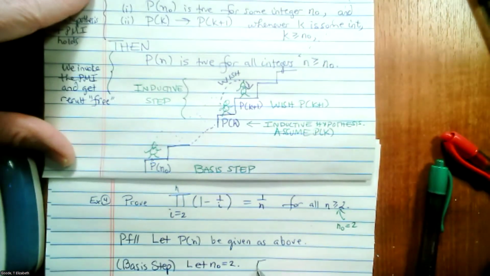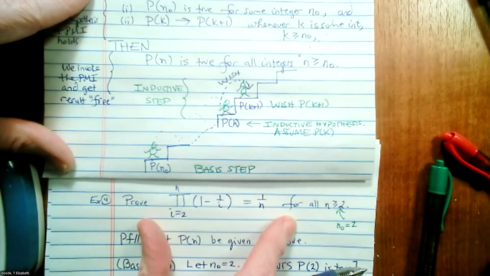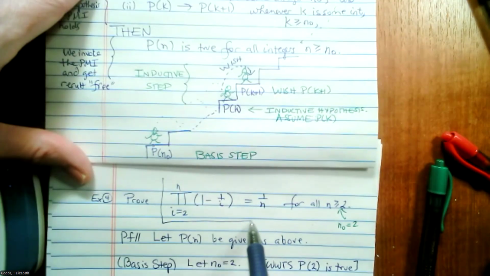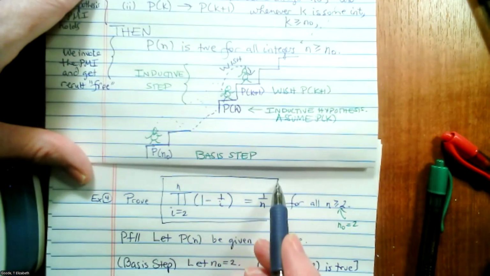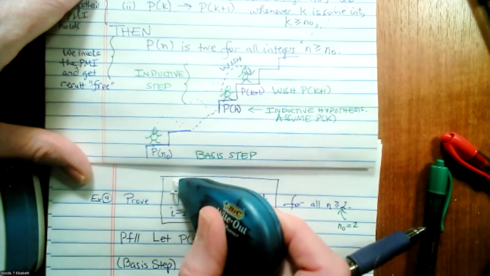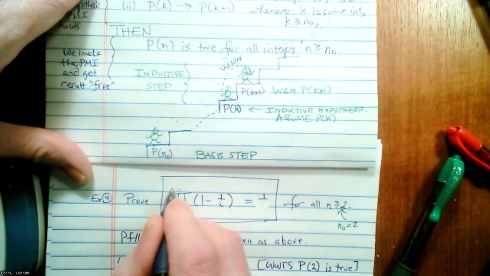And what do we wish to show? We wish to show that P of 2 is true. Now, this is P of n. Okay, so this is what we are given, that is P of n. Well, P of 2 just says everywhere you see an n, you're going to put a 2 and check it out.